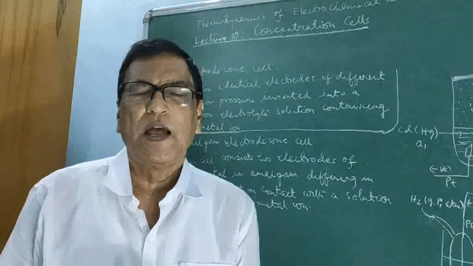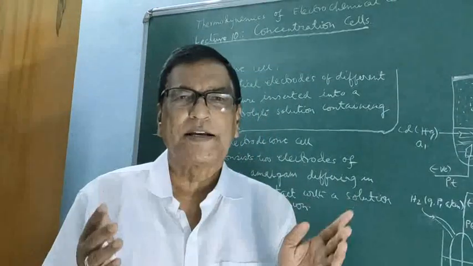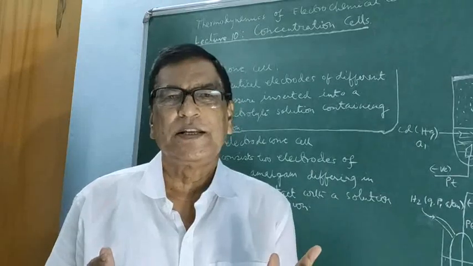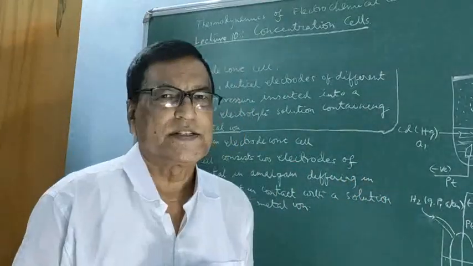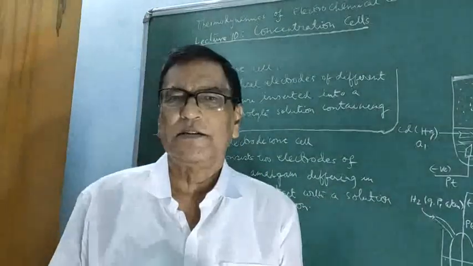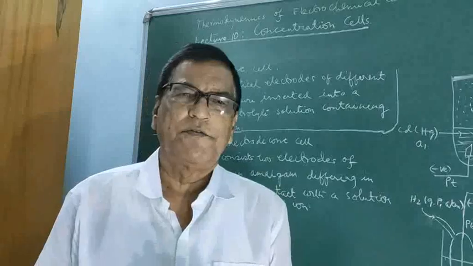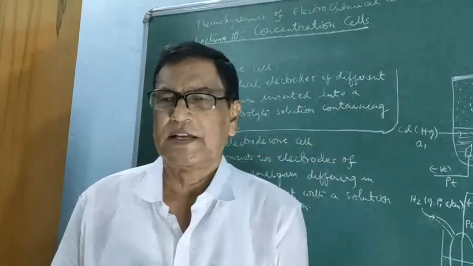So far I have discussed the different chemical reactions used in chemical cells, and these chemical cells will provide the electrical energy from this decrease of free energy of spontaneous chemical reactions.